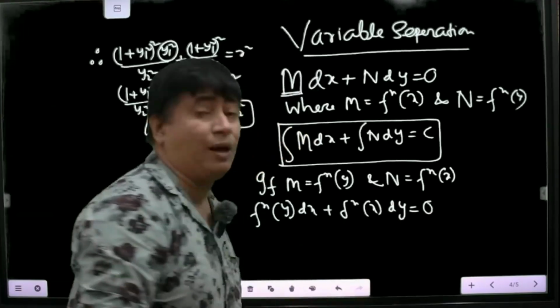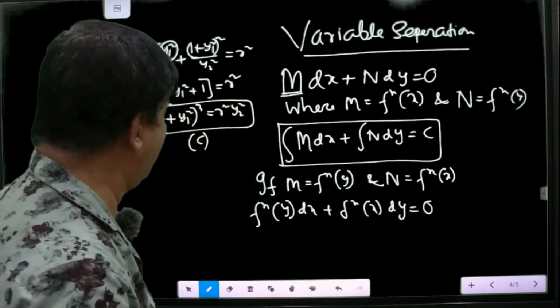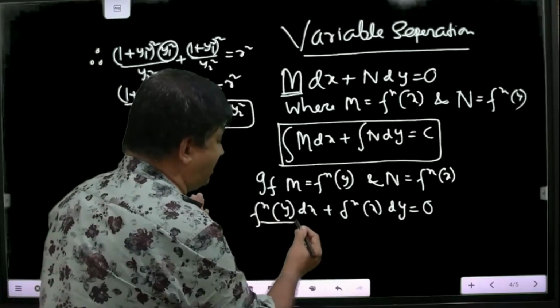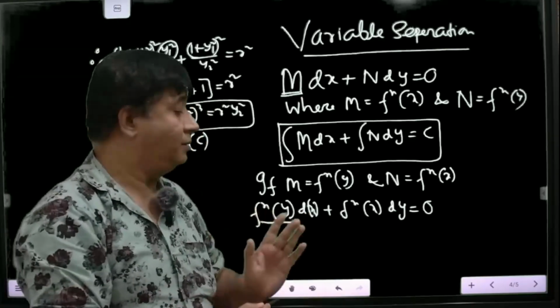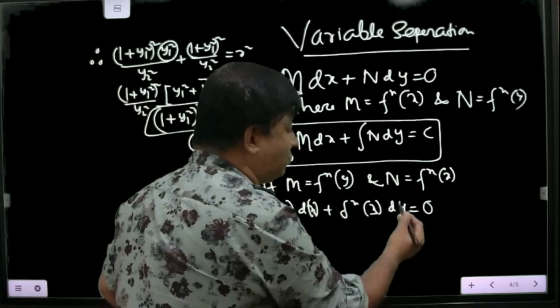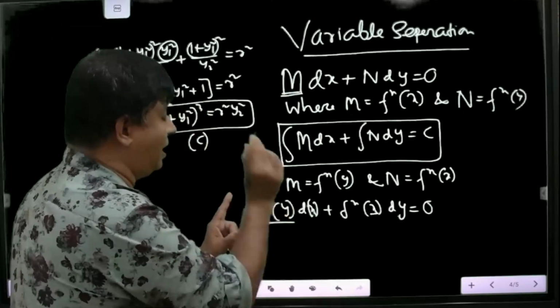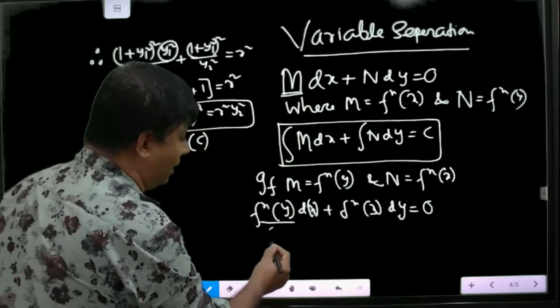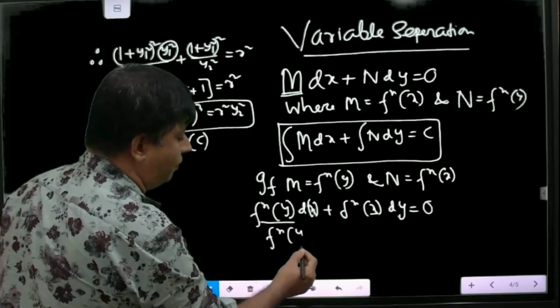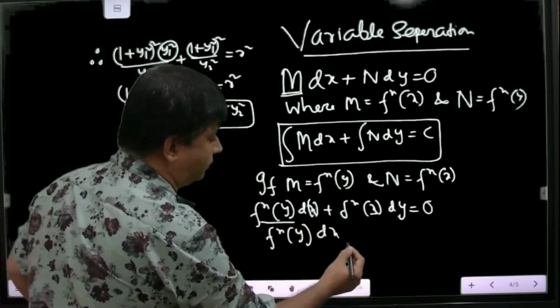In that case, we have to give a pause. Why? Because I cannot integrate a function of y with respect to x. I cannot integrate a function of x with respect to y. We have to make the variable same. So here variable separation will play the key role.